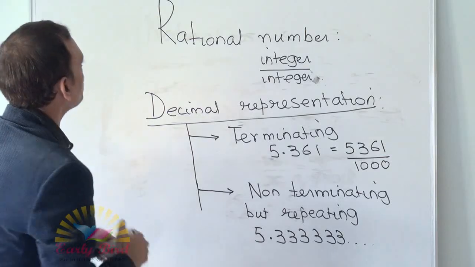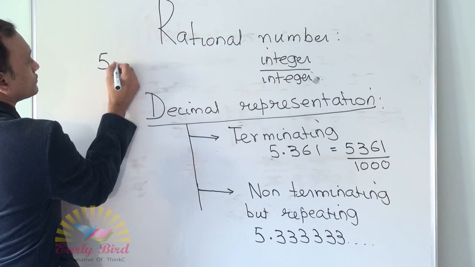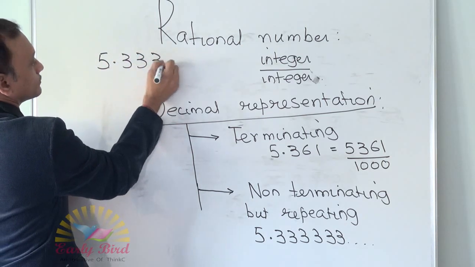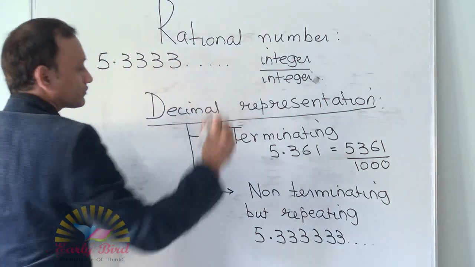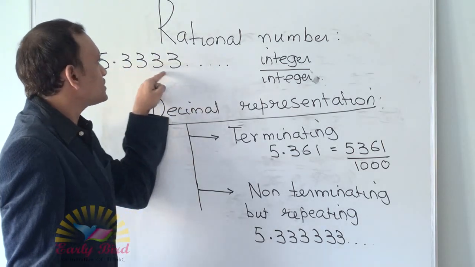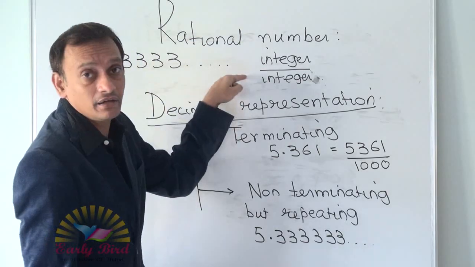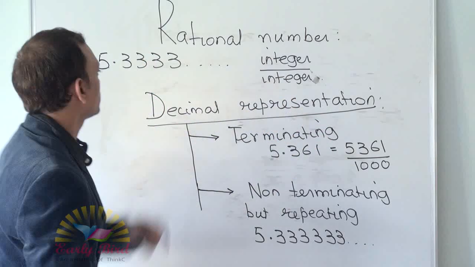So now 5.3333, for example, which is not terminating but repeating. See, these are not terminating. This is going on till infinity. Non-terminating but repeating decimal.